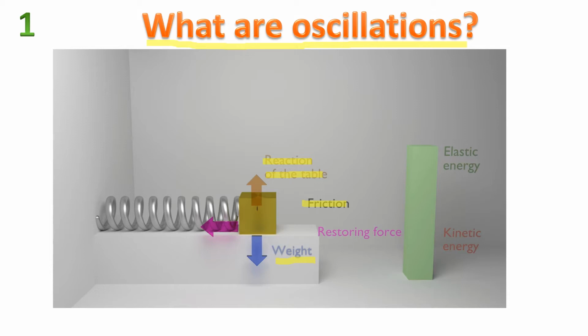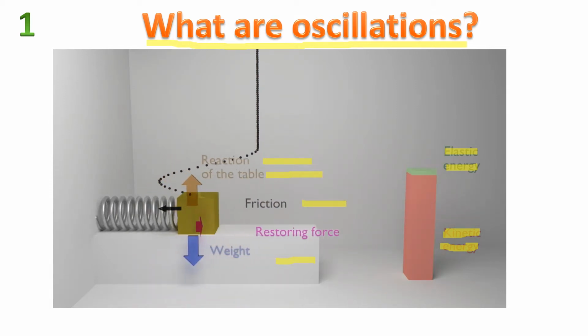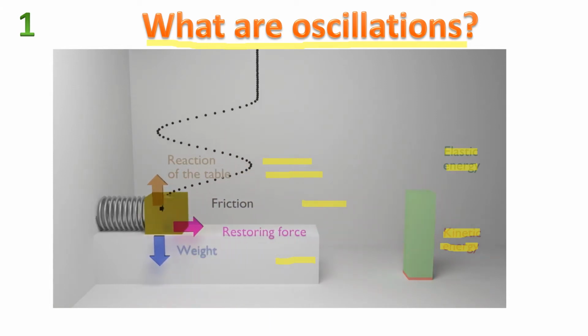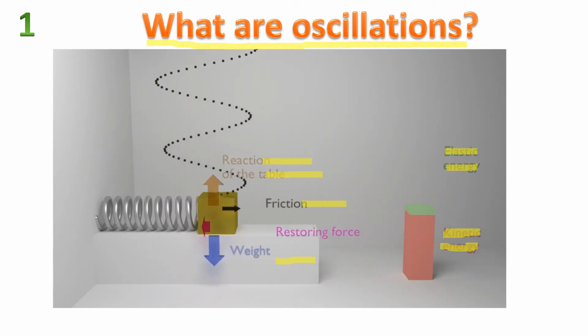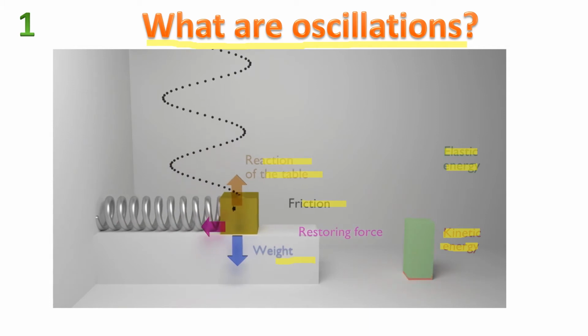And here we have a bar indicating kinetic energy and the elastic energy that you can call potential energy. This spring is a kind of linear spring that offers uniform linear tension. Now the reaction is a force acting upwards, and here with time we have started the simple harmonic motion.